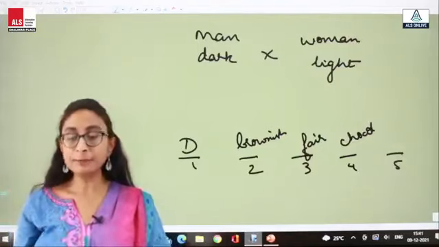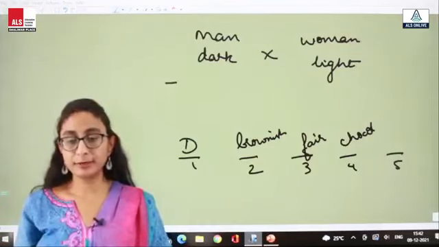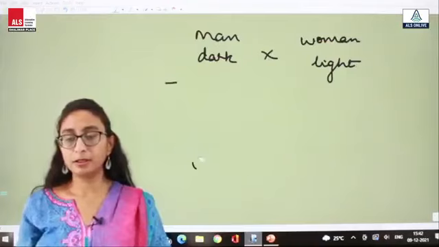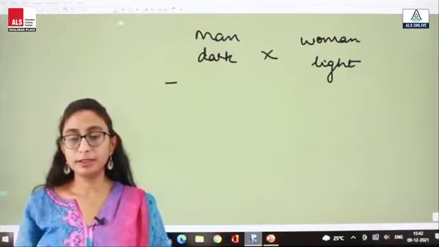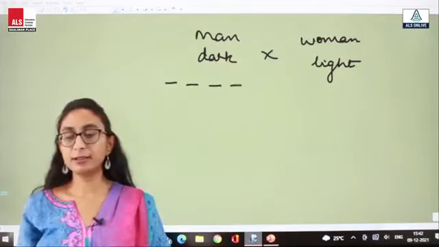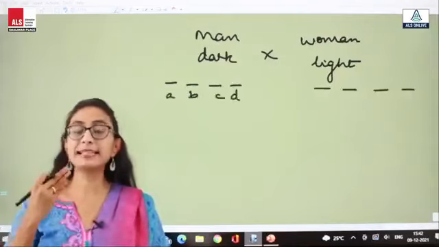Say for example, there are genes, just a minute. Say there are so many genes here in the father and so many genes here in the mother. Let's take this as A, B, C, D. This is again for your understanding, I'm writing it.